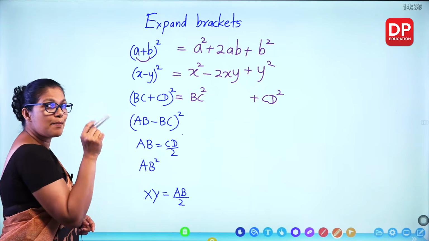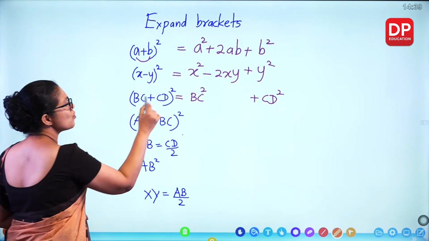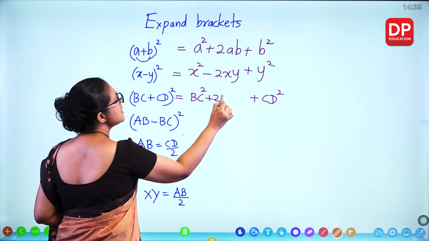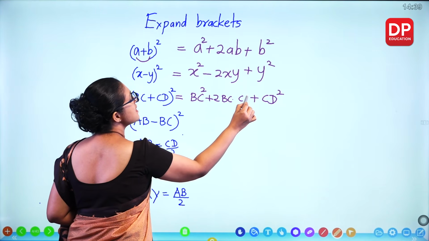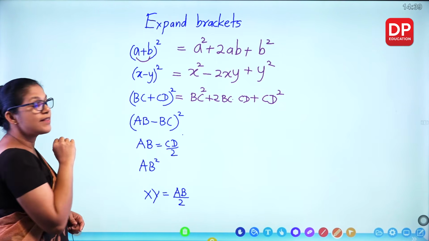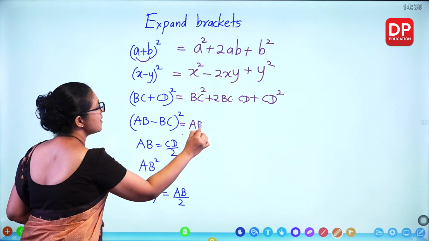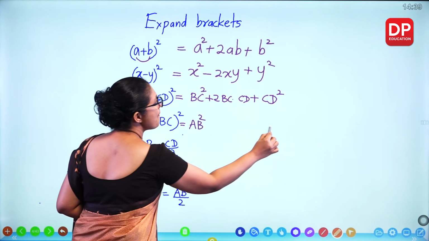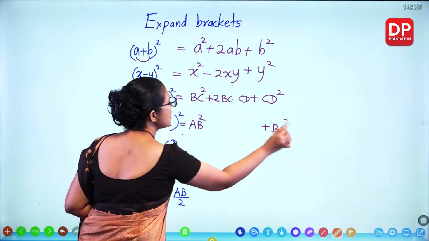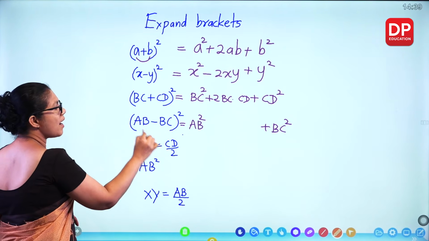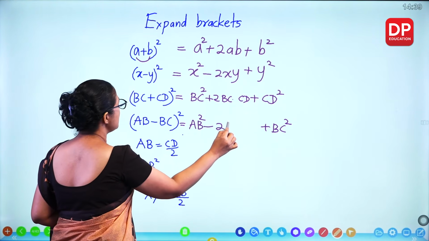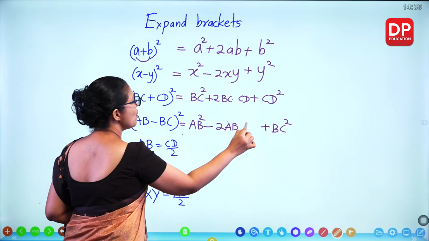Then what's the middle term? Double of these two, plus 2BC and CD. Now try this one. What's the first term? AB squared. What's the last term? BC squared. What's the middle term? Minus double AB into BC.